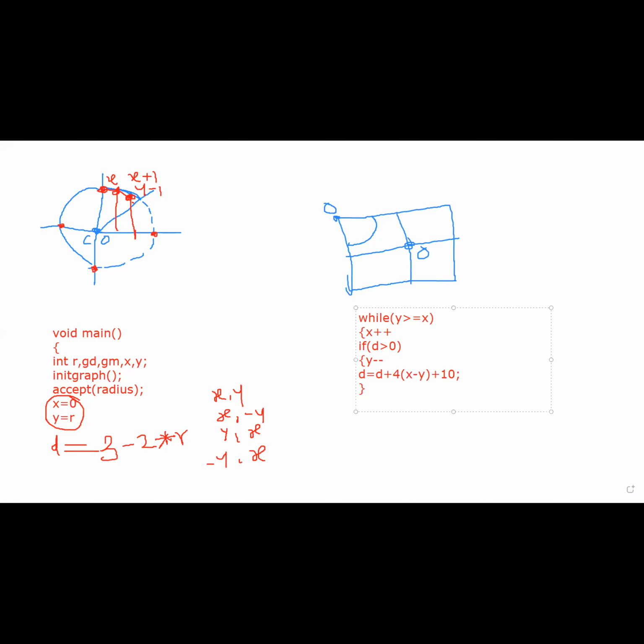Okay, and in the else part, else means d is less than or equal to 0. If d is less than or equal to 0, then you don't have to decrease y, only x is incrementing, and that we are already doing here. In the while loop, x is incrementing anyhow, but based on the d value, either you have to decrease y or keep y as it is.